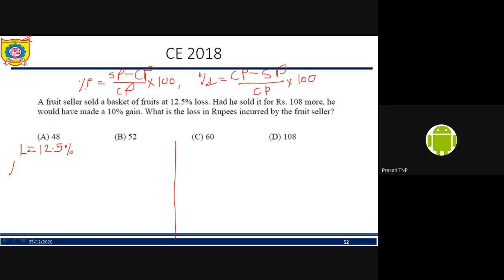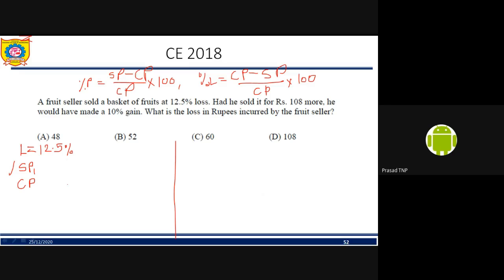Gain means profit. So he sold that basket for one price that we don't know. Let us write that price as SP1, selling price 1. And here is the cost price, CP. As we know, selling price and cost price are essential.